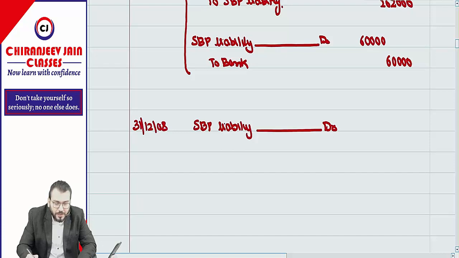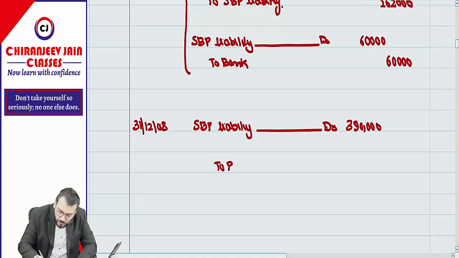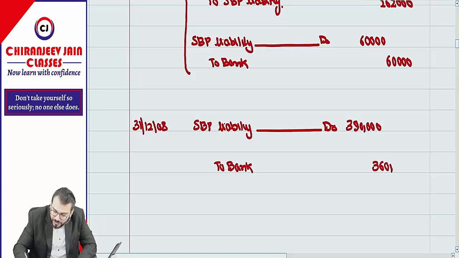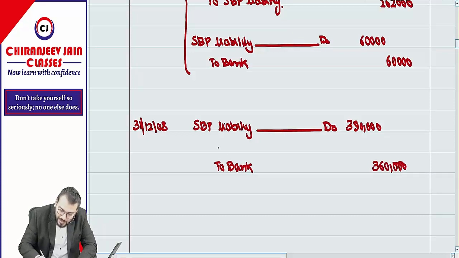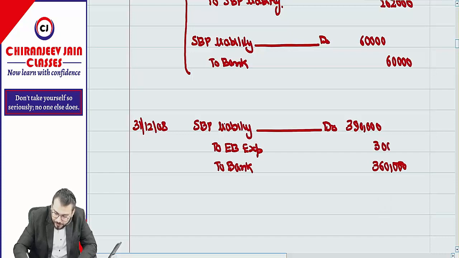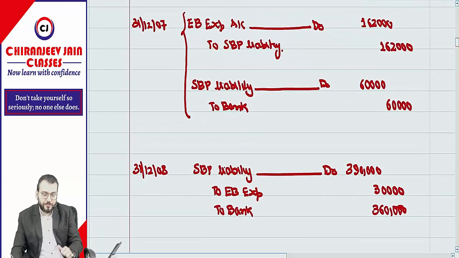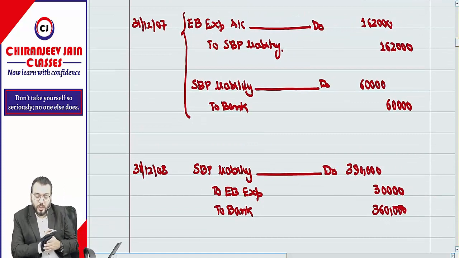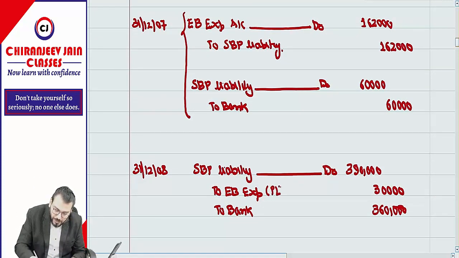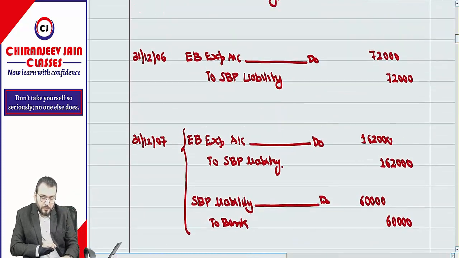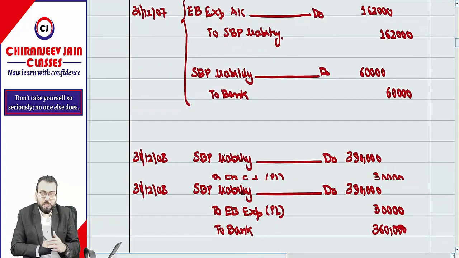SBP liability account debit, that is 3,90,000, to bank, it is 3,60,000. The balance will be adjusted in EB expense. EB expense how much? 30,000. Got it? Done. All the journal entries are done. EB expense means it will be transferred to PL. Have you understood the journal entry?